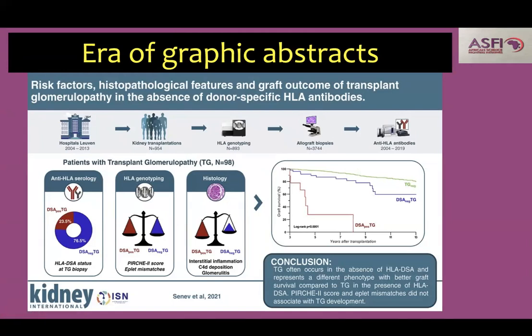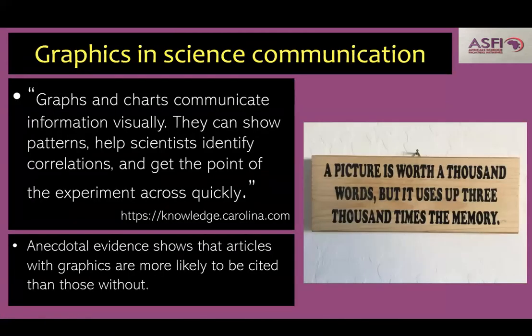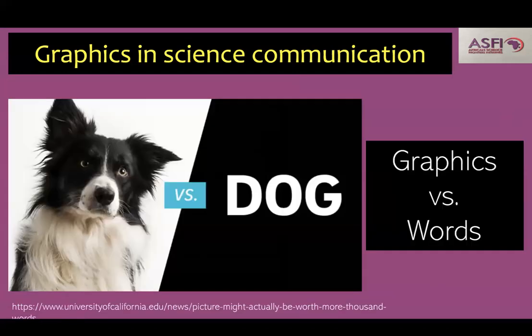So the likelihood of being cited more increases when there is graphics in the paper. And the likelihood, not just of being cited more, but of the evidence generated also being used, increases when there is graphics. So graphics are important, powerful tools that help us to engage in our communication.